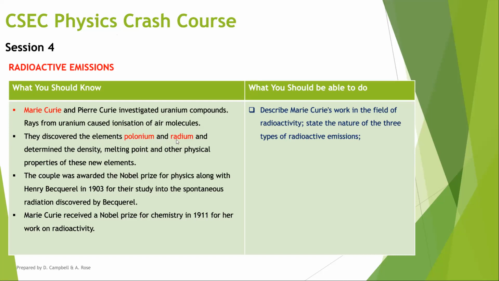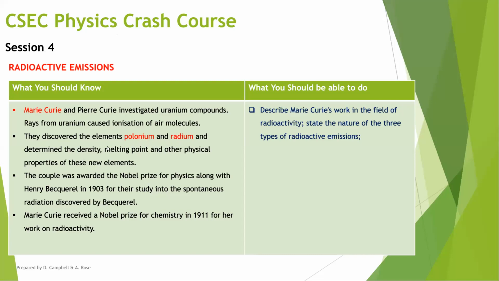Radium is found to be probably 1,000 times more radioactive than uranium. As I said before, they were dealing with very dangerous and harmful radiation, but they did not know. Even now it is said that the books she used are still radioactive.